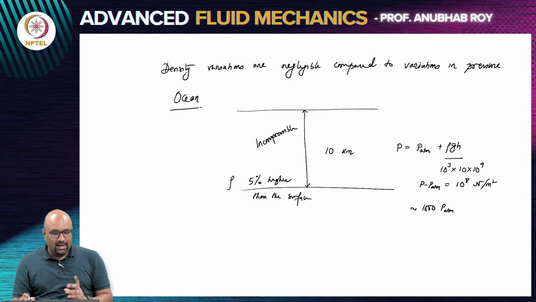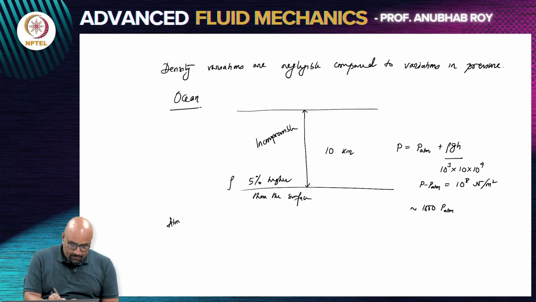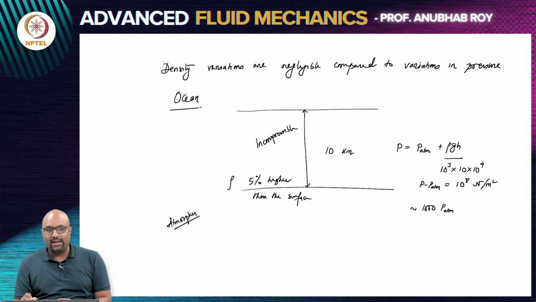Now the story is a little different for the atmosphere. If you were to treat it as an ideal gas, then we know that variations in density would give rise to variations in pressure and vice versa. If you have variations in pressure, you would correspondingly expect variations in density. So yes, incompressible effects would start to show deviations.